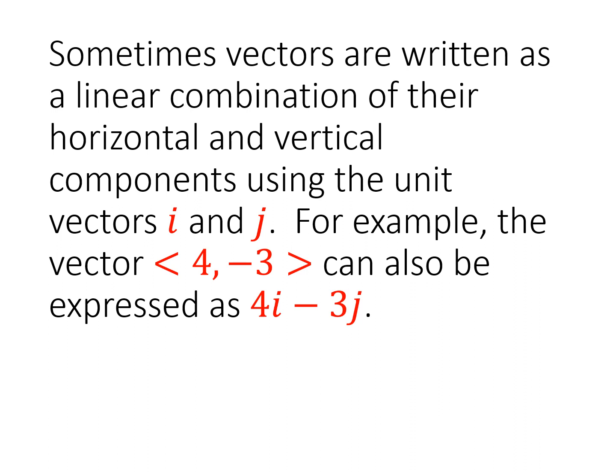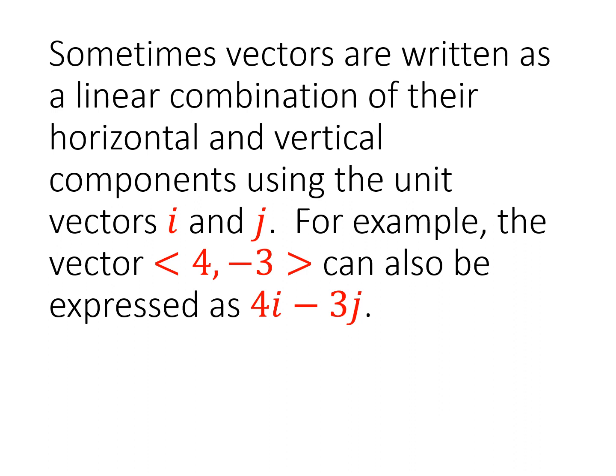All right, so on this slide, I just tried to write out an explanation of the other notation for vectors. This says sometimes vectors are written as a linear combination of their horizontal and vertical components using the unit vectors i and j. So just for example, if you have the vector ⟨4, -3⟩ with our alligator brackets, that vector can also be expressed as 4i minus 3j.